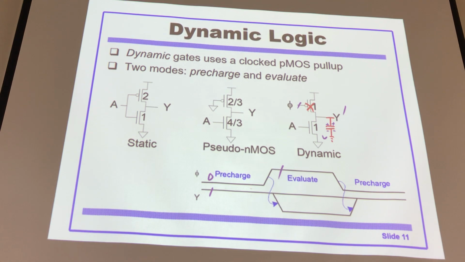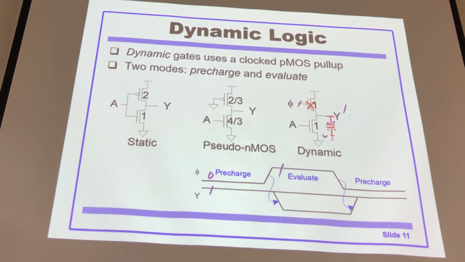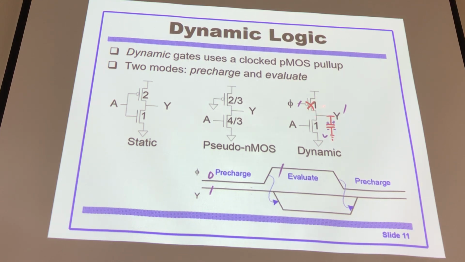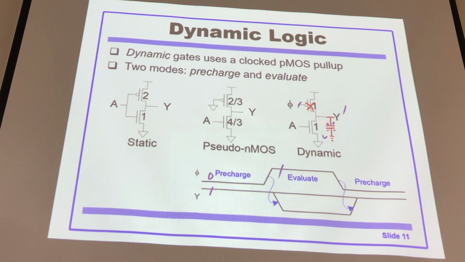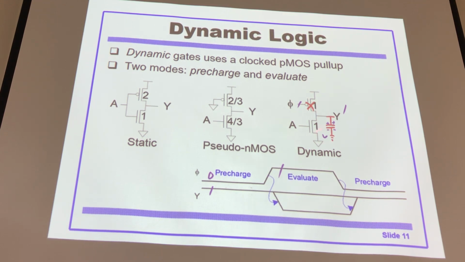Right? When the clock signal is 1, PMOS is off. When it is off, whether or not the capacitor keeps its charge will depend on your NMOS transistor.